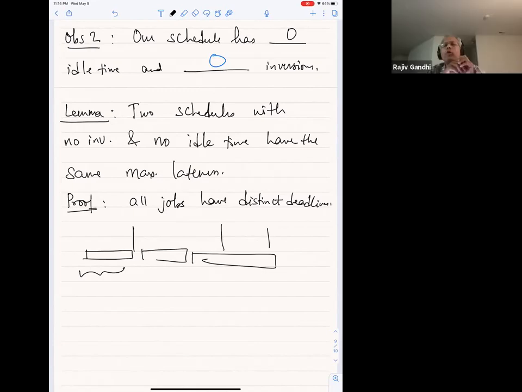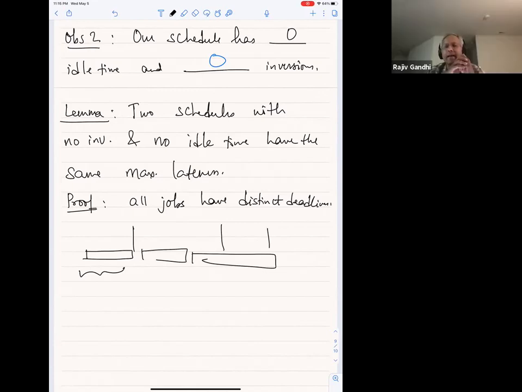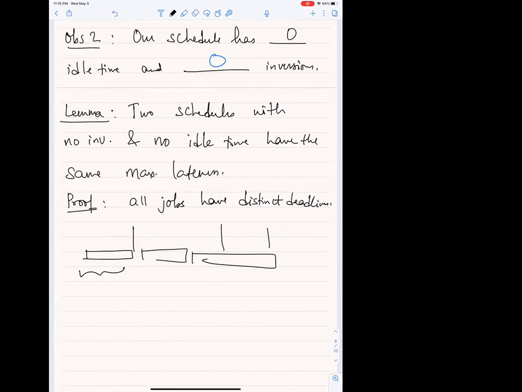Could you repeat your question, Siddharth? By zero idle time, what do you mean? So you process a job and immediately after the processing is over, you process another job. Yes. And here's another doubt. If all jobs have distinct deadlines, zero inversion clearly means that it follows the algorithm. But then how can you say that they are identical?